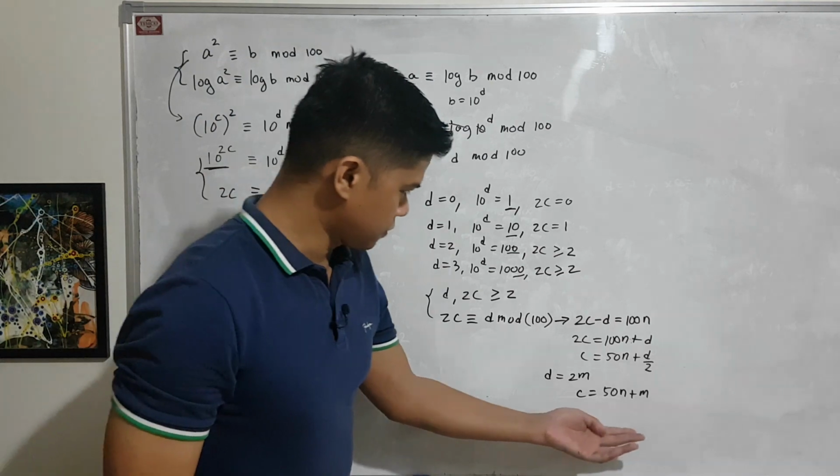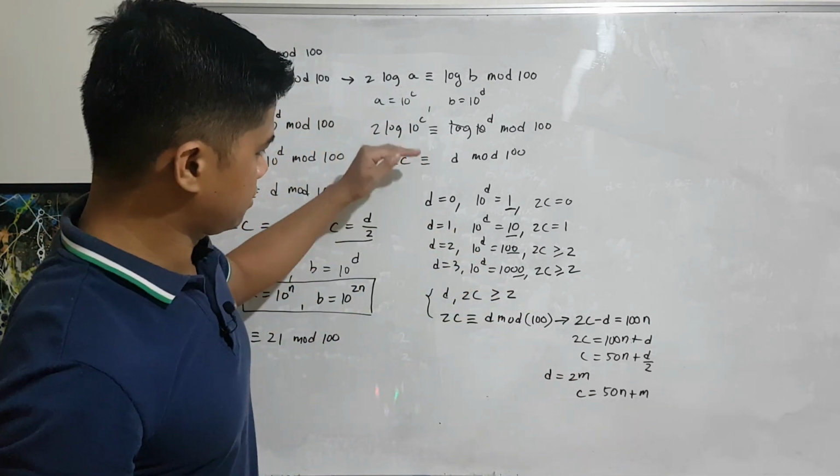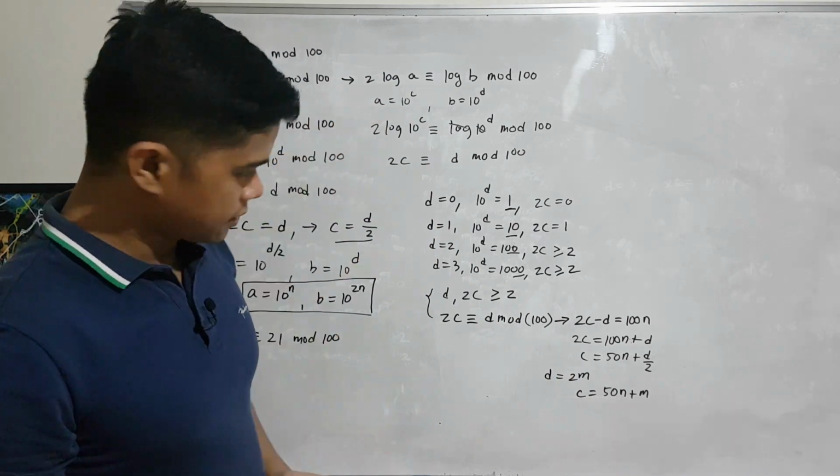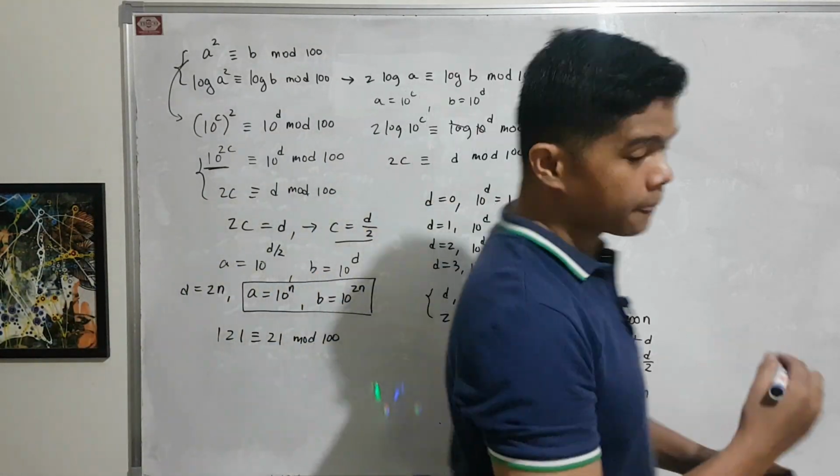So now we find the value for C, and then we just plug this value for C back here. Okay, so let's write here.